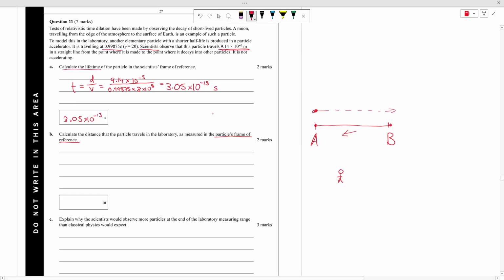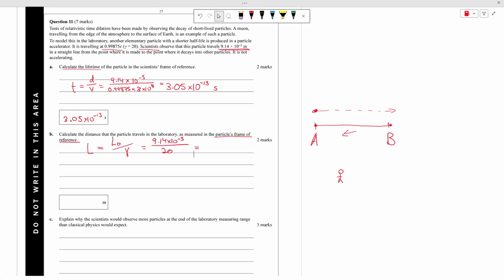So contracted length is what the muon's length measurement would be, and that is the original length divided by the Lorentz factor. We're told the original length, or the rest length I should say, is 9.14 times 10 to the negative 5, divided by the Lorentz factor, which is 20.